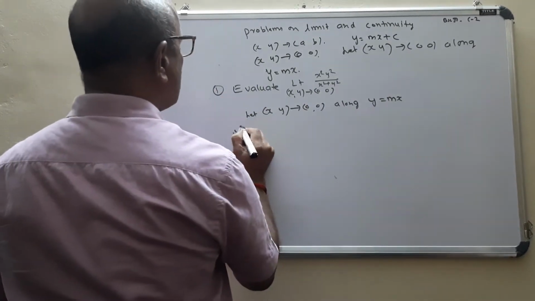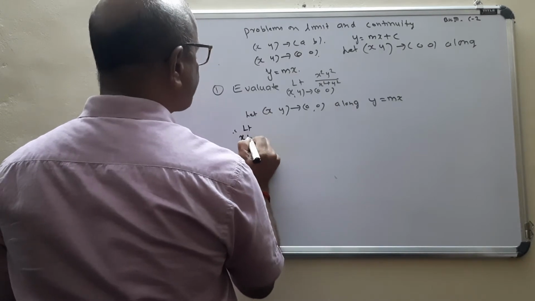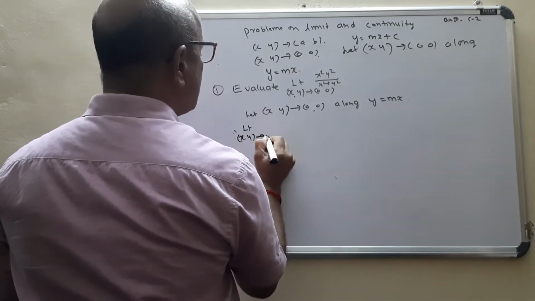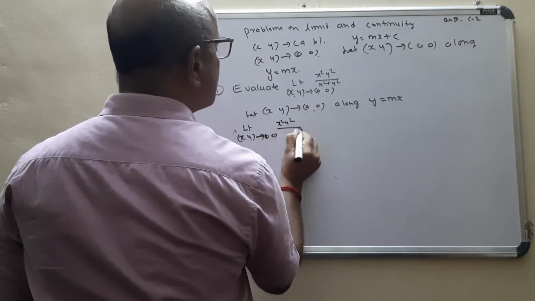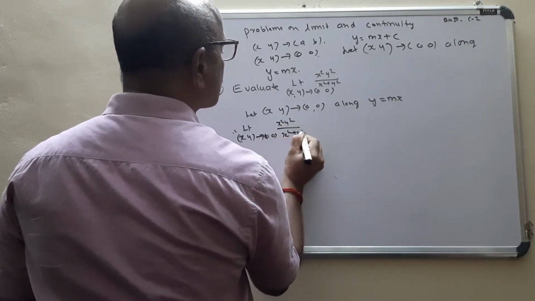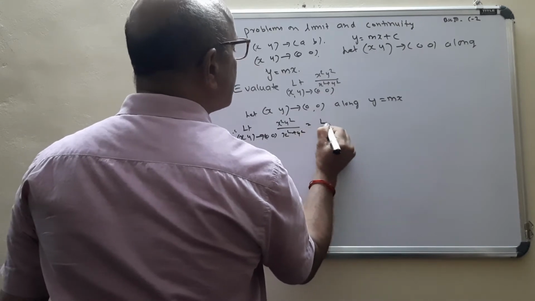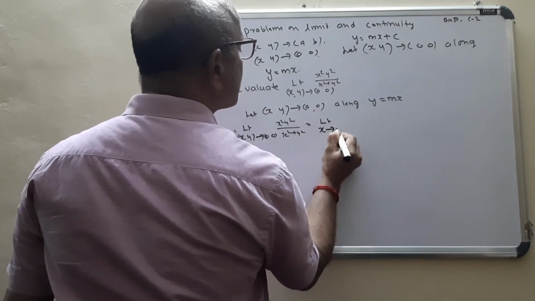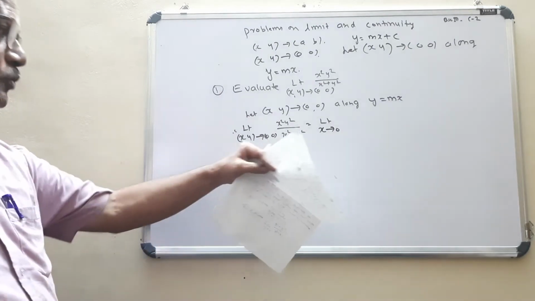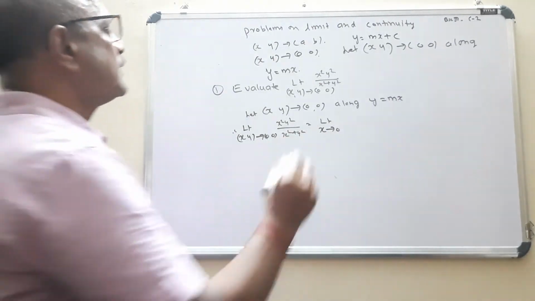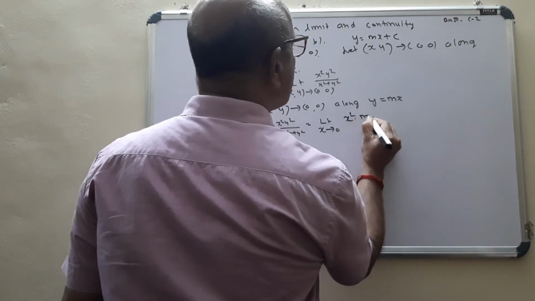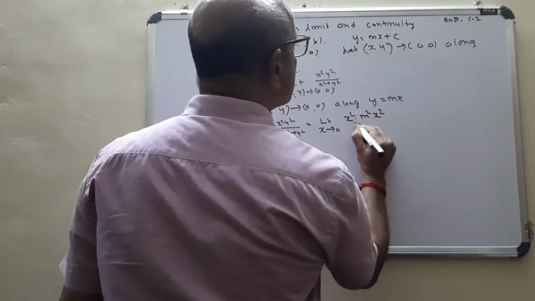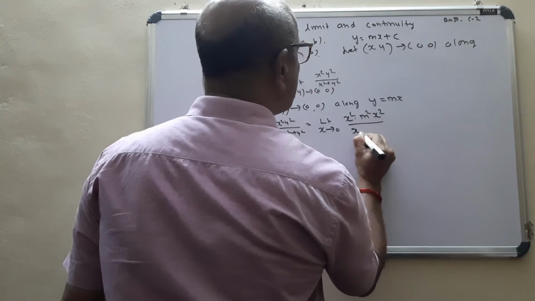Therefore, now the limit as (x, y) goes to (0, 0) of x squared y squared divided by x squared plus y squared is equivalent to the limit as x goes to 0. Now there is no need to write limit y goes to 0 here. What is the change that should be made in the function? That is x squared, and y is replaced by m squared x squared.